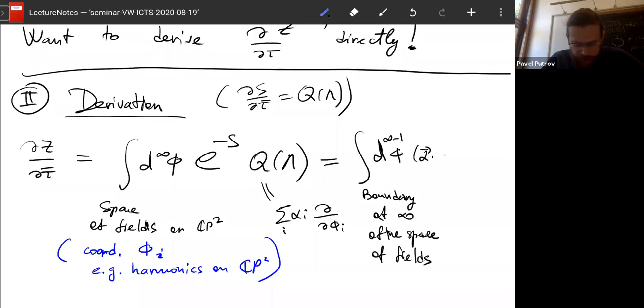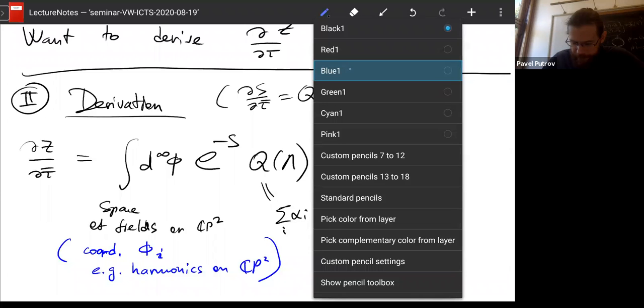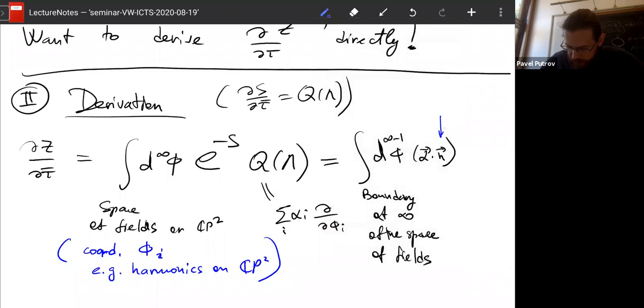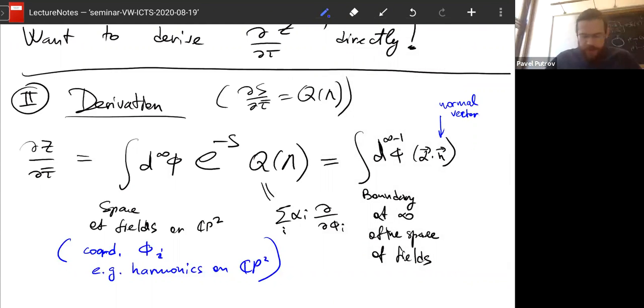The integral will be weighted with the scalar product of alpha and n, where n is a normal vector to the boundary, and then there will be e to the minus s times lambda.